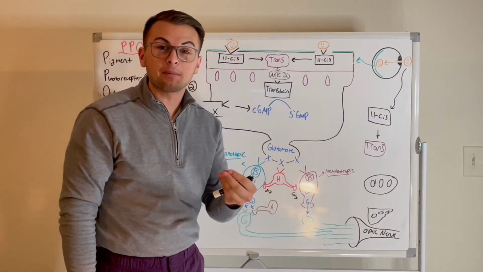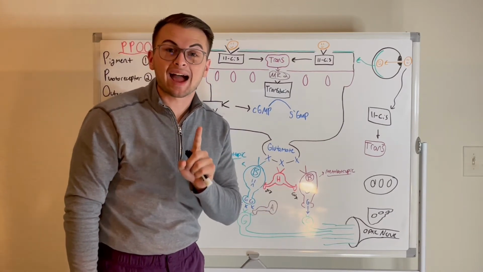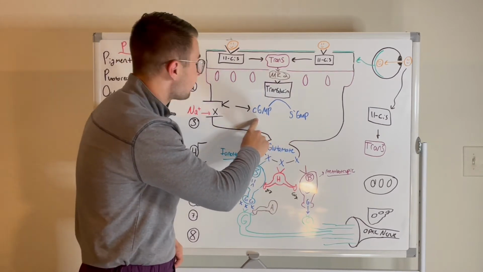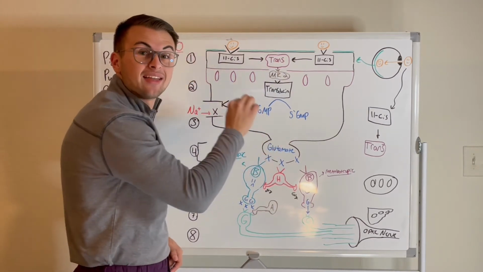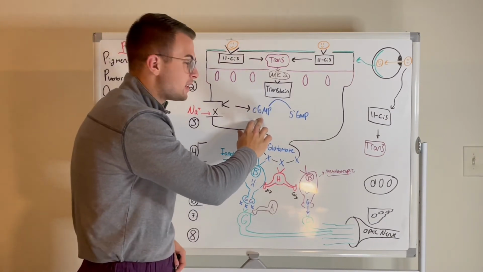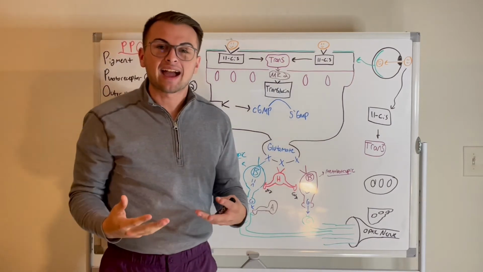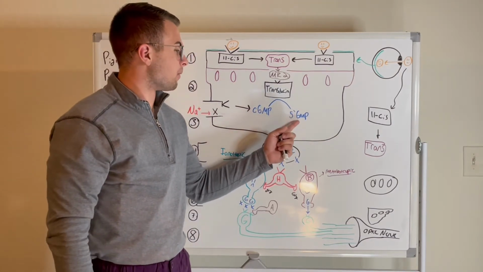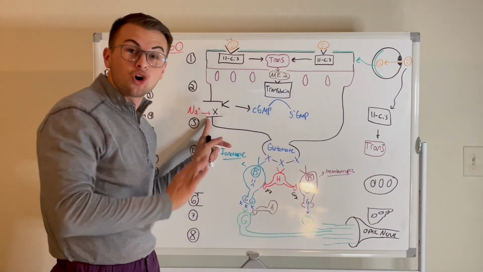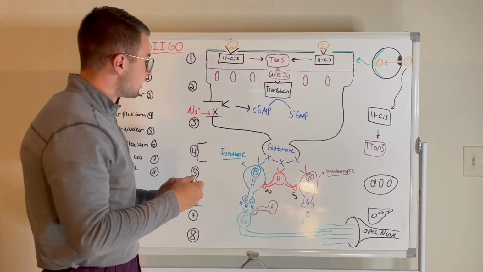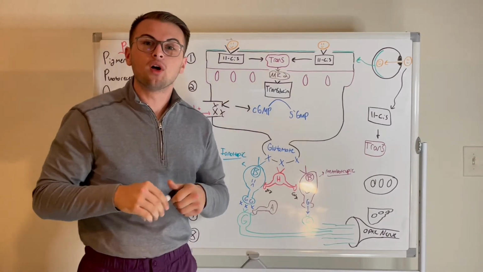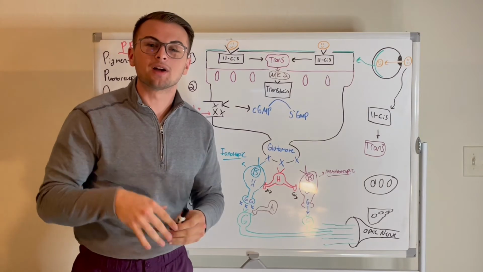So when this happens, this transducin becomes activated and it starts ripping the cyclic GMP away from the dark sodium channel, and this transducin will actually turn cyclic GMP into an inactive substance called 5' GMP. So this means that our dark sodium channel is no longer activated. That means that sodium cannot enter the cell. So the photoreceptor cell body will become hyperpolarized.